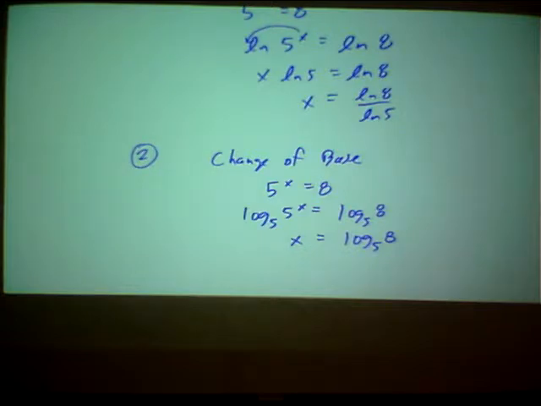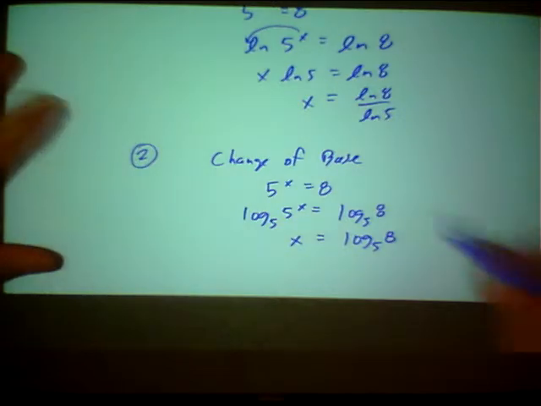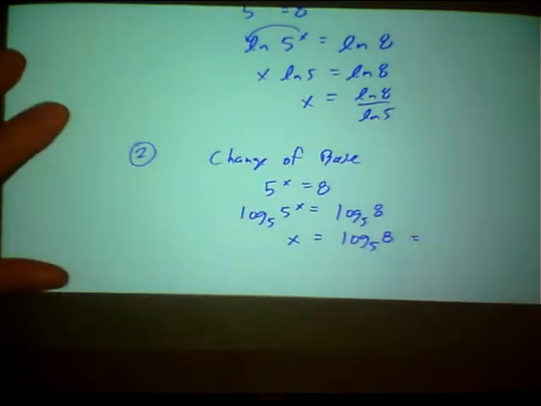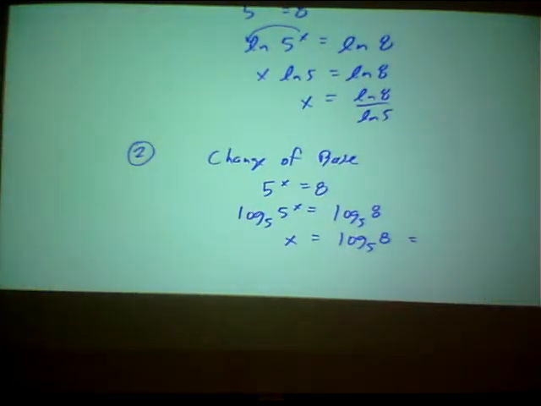I cannot go to my calculator and figure out the log base 5 of 8. So this is where the change of base comes in. And I can do the change of base. And once again, when I'm going to do change of base, I can choose the base of my new log.